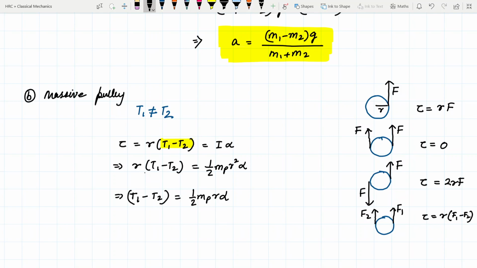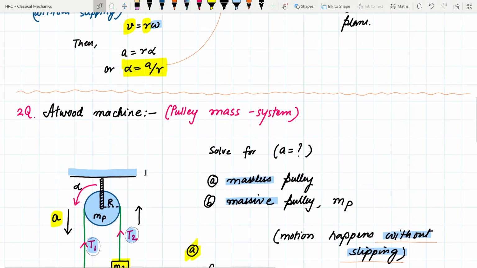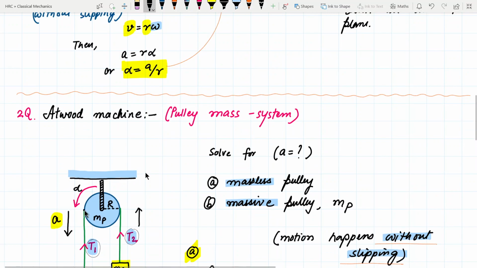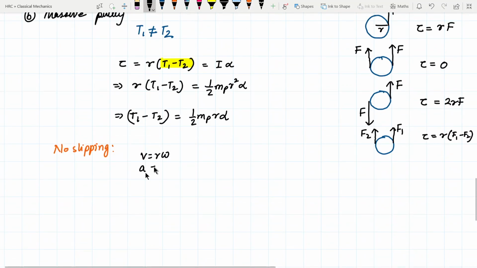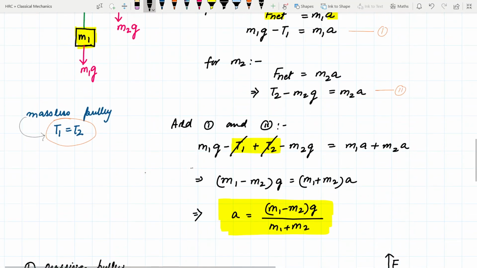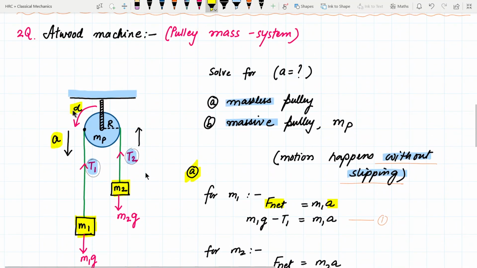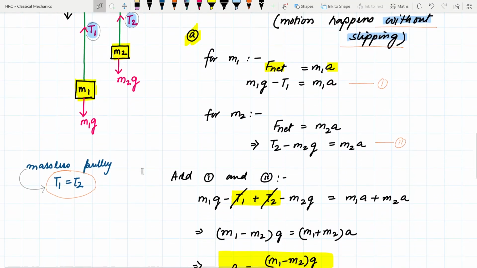This is one concept. And for no slipping, which concept can we use? That v is equal to R omega. That means whatever the instantaneous velocity of a point of contact is, it is related to omega, and therefore the linear acceleration of any point of contact is related to the angular acceleration alpha, if there is no slipping happening.